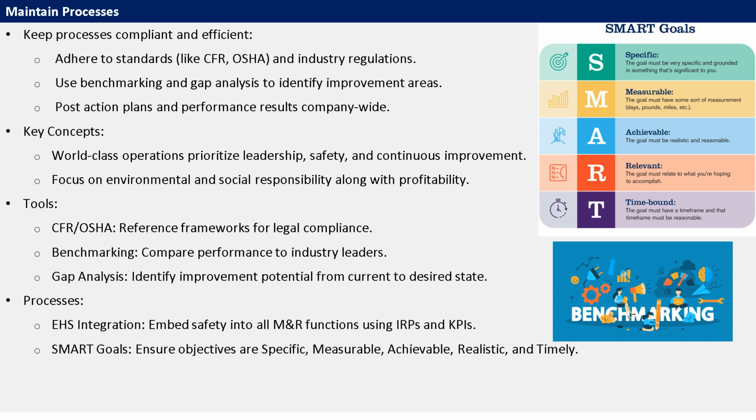World-class organizations are those that demonstrate strong leadership, prioritize safety, and engage in continuous improvement. Environmental and social responsibility is a growing concern. Compliance now also means aligning with sustainability and ESG, environmental, social, and governance principles. Profitability and performance must go hand in hand with ethical and safe practices.